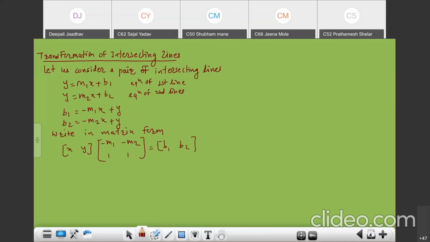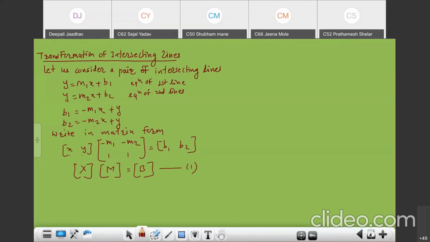If you multiply this, the first row gives minus m1x plus y and the second gives minus m2x plus y. So the same two equations are written in matrix form. We assign the capital X symbol for xy, capital M indicating the slope matrix, is equal to capital B, the intercept values b1 and b2. This is equation number 1.